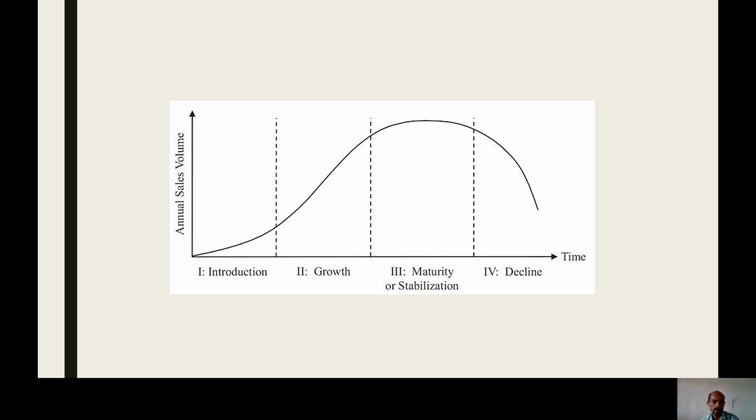In this graph, we have to observe that in the introduction stage, sales is very low. Next, coming to the growth stage, sales will increase. The trend line is an increasing trend. It means sales are on an increasing trend.